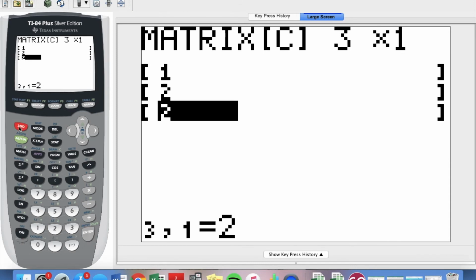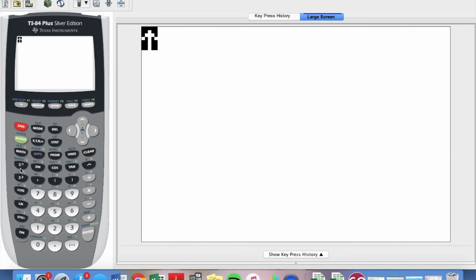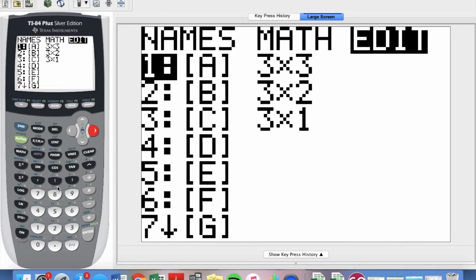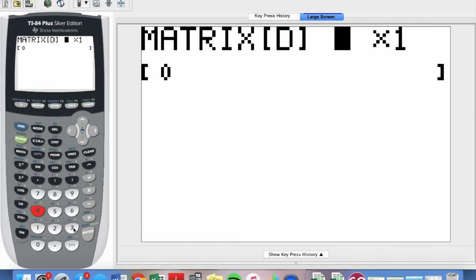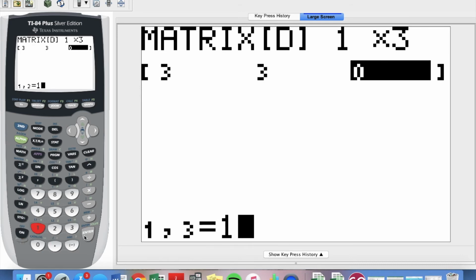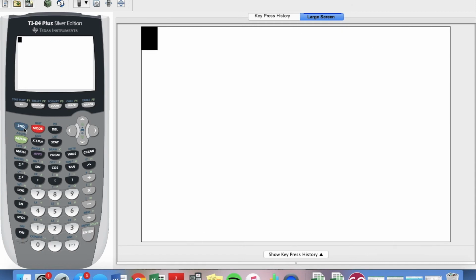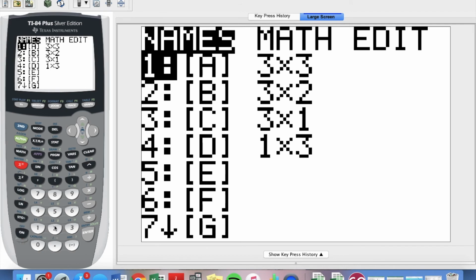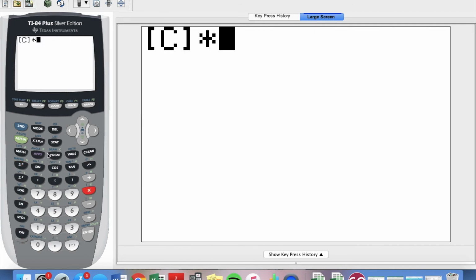And I quit out of there, so second quit, and then second matrix, and I'll go ahead and edit matrix D. That one had 1 row and 3 columns, so it's a 1 by 3. Oops, I'm going to hit the times button there. 1 by 3, and that was 3, 3, 1. And then I quit out of there. And then I want to take matrix C times matrix D.